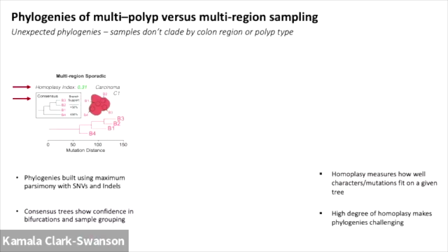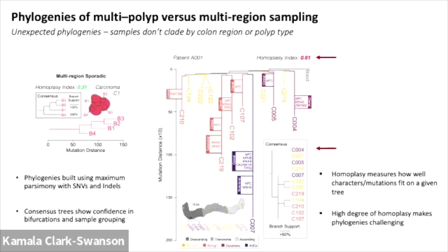You can see the consensus tree, which is just the majority rule tree, showing pretty good branch support, indicating high confidence in resolving this evolutionary history, with a pretty low homoplasia index, which tells us how well characters or mutations fit on this tree. When we did this for our samples of independent polyps, we got a very different result.